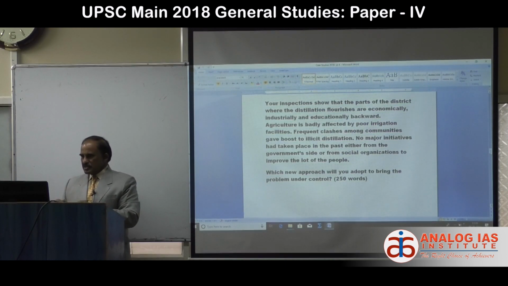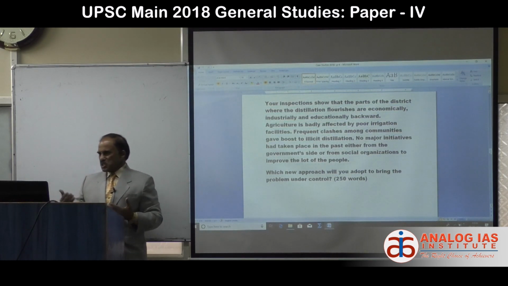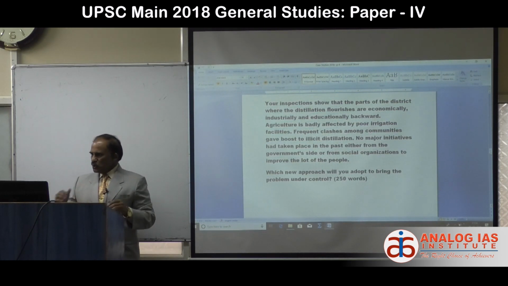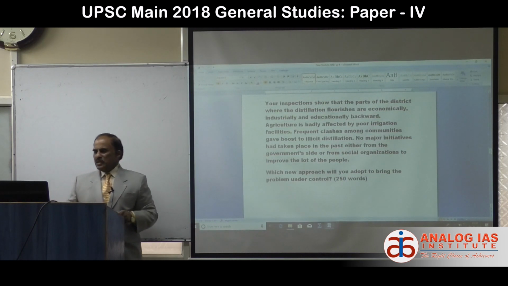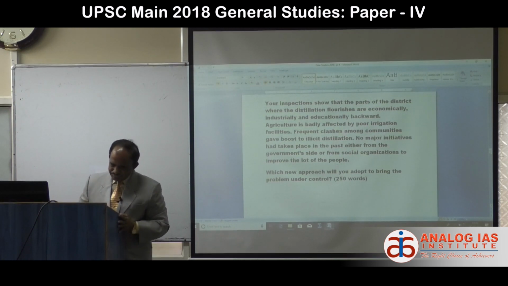Agriculture is badly affected by poor irrigation facilities. Frequent clashes among communities gave a boost to illicit distillation. No major initiatives had taken place in the past, either from the government side or from the social organizations, to improve the lot of the people. So, which new approach will you adopt to bring the problem under control?